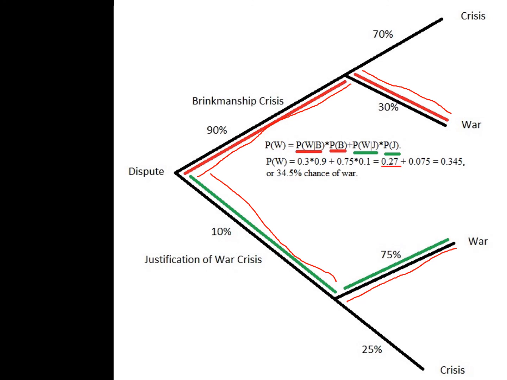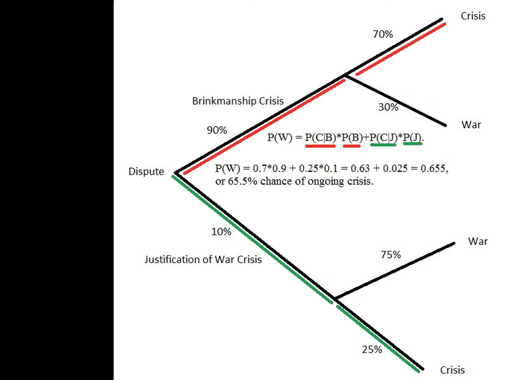And this then becomes 0.27 plus 0.075, which equals 0.345. So there's a 34.5% chance of war in this extensive form representation of the two.